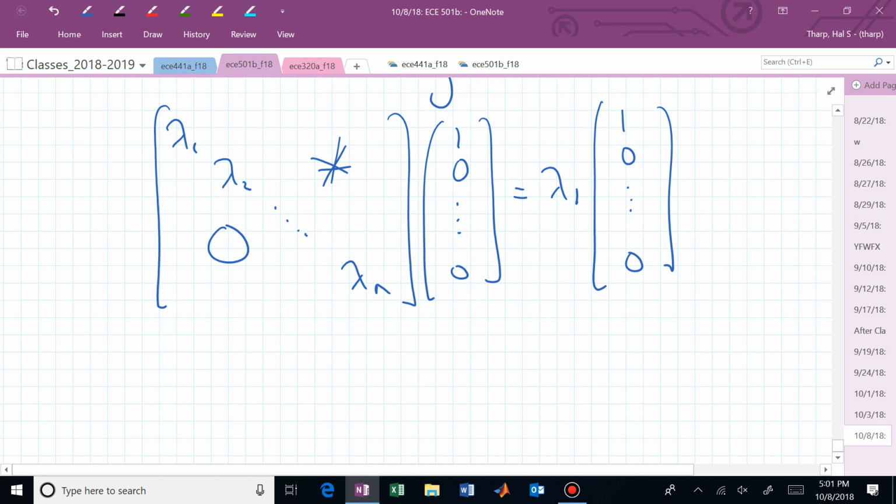But what if I had a linear operator on a real vector space? What have we shown, I don't know that it was the last time that we were together, but what have we shown about some linear operators relative to the existence of eigenvalues on a real vector space?